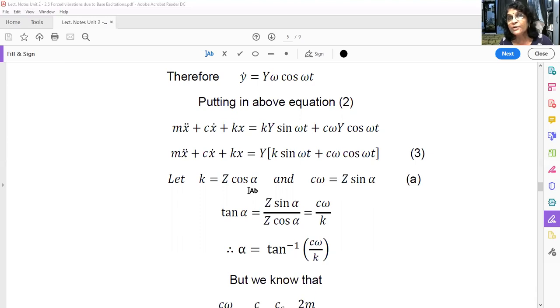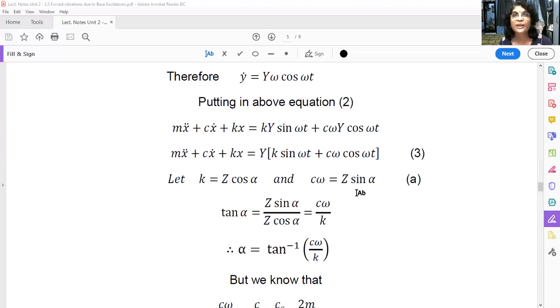Now why have I taken cos here and sin here? Because you know the formula, sin(A plus B) is equal to sin A cos B plus cos A sin B. Here there is a sine omega t term, so I want this k in terms of cos. That's why we have assumed k is equal to Z cos alpha. And here there is a cos omega t term, so c omega should be in the sine term. That's why c omega is equal to Z sine alpha.